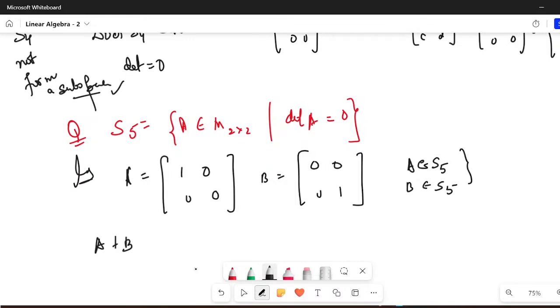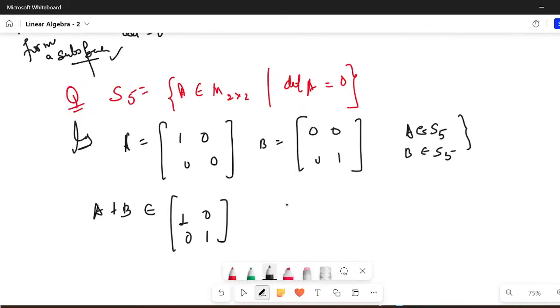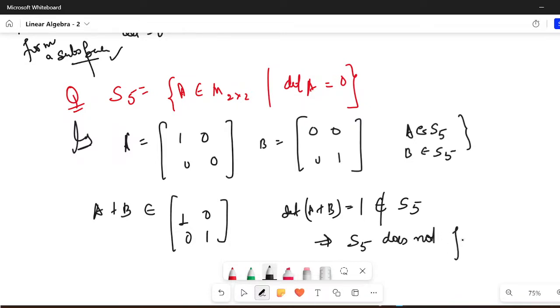Their sum would be equal to 1 0 0 1. And clearly the determinant of A plus B would be equal to 1. So it is not contained in S5. So clearly we can say that S5 does not form a subspace.